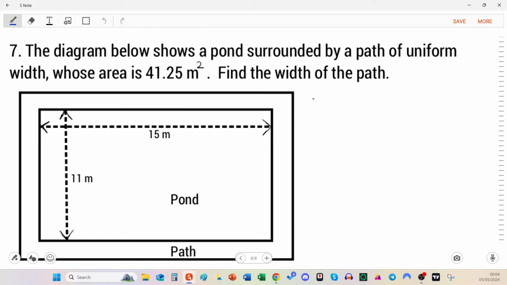So the area of the pond is 11 times 15 to begin with, which is 165. Cool. And the area of this path is 41.25.